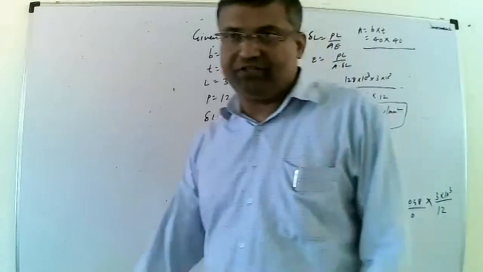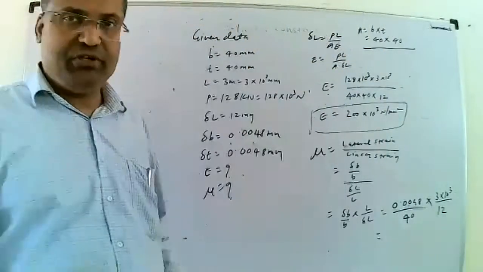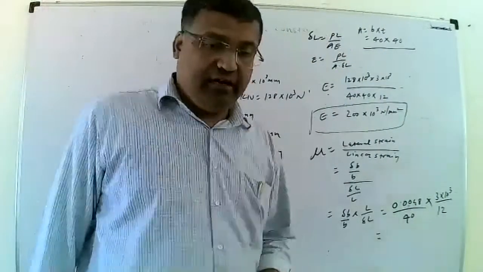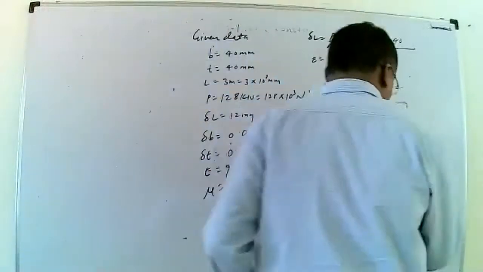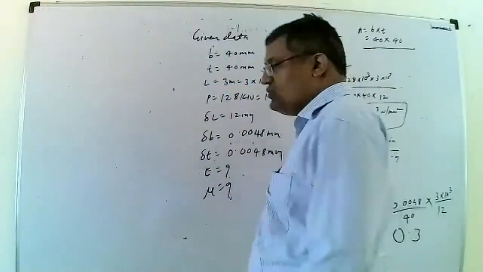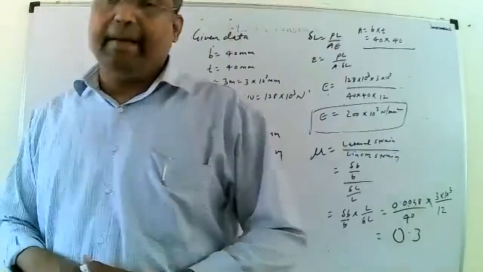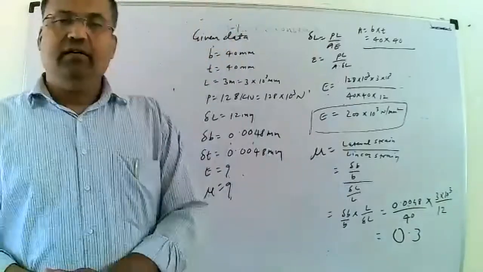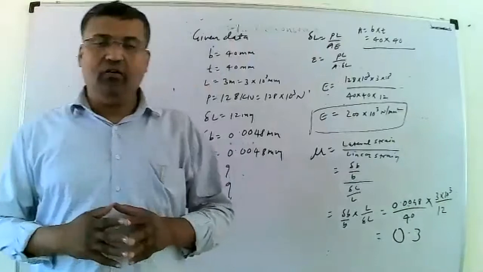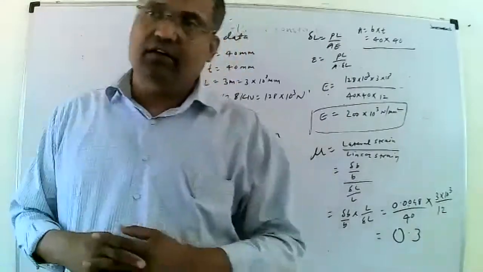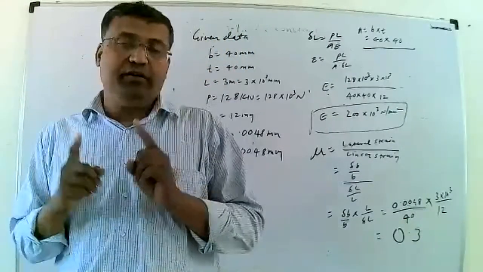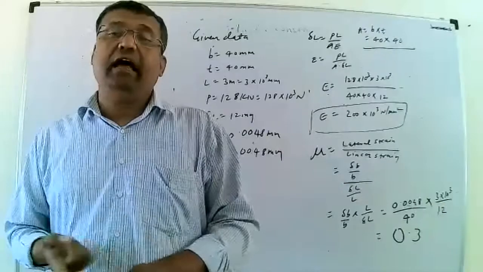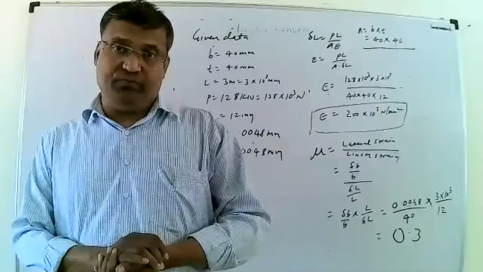Then after doing the simplification of the given equation, we finally find the value is 0.3. So in this problem, our aim was to calculate Young's modulus of elasticity and the Poisson ratio.